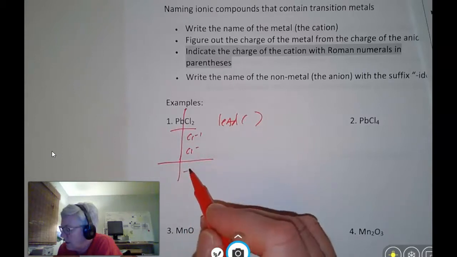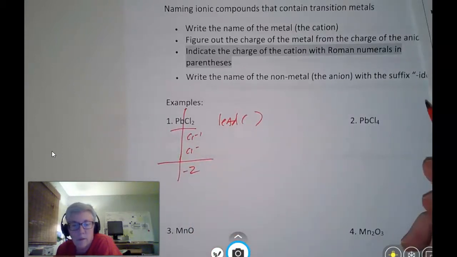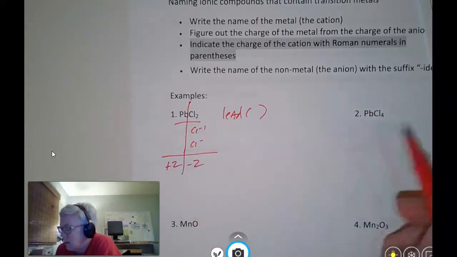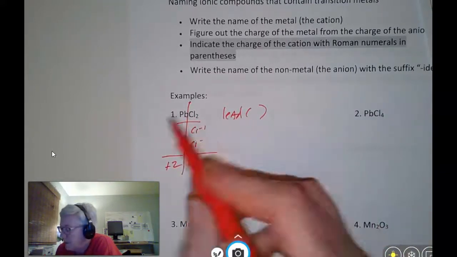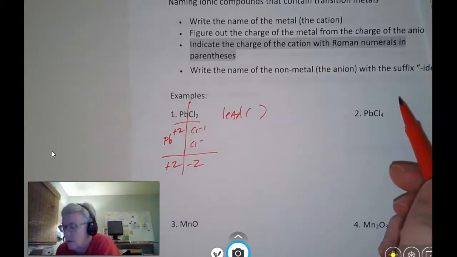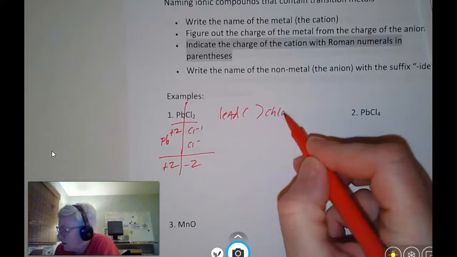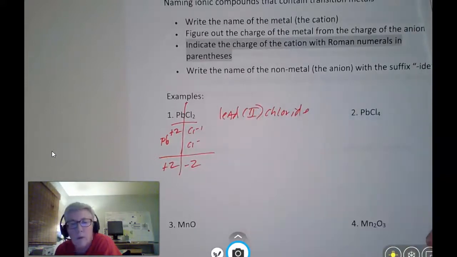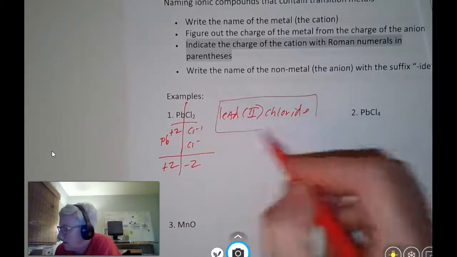So in this case, this side adds up to -2, which means that the positive side has to be a +2, and since I only have one lead, that has got to be lead +2. So this is going to be lead, Roman numeral 2, chloride. So that's the name of that one.